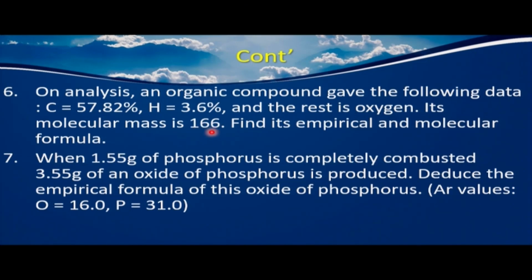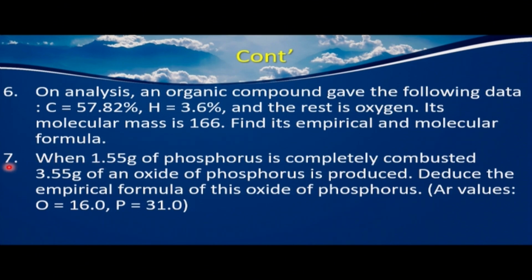When you get the value of n, you can now multiply that value of n with the empirical formula to find the molecular formula itself. So I'm not going to find the molecular formula for you because with the explanations and the empirical formula, you can work it out.